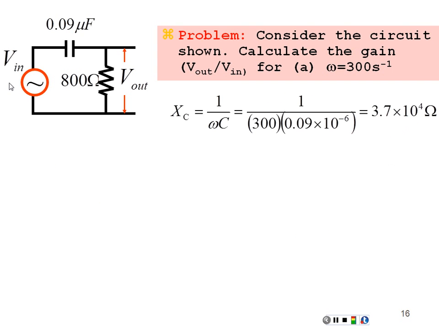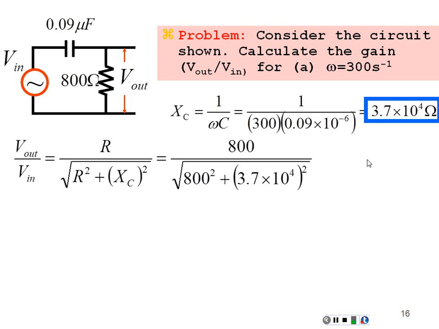Consider the circuit shown where we have a capacitor and a resistor. Calculate the gain V out over V in for omega equal to 300 radians per second. Our capacitive reactance will be 1 over omega C, 1 over 300 times 0.09 microfarads, 3.7 times 10 to the 4 ohms.